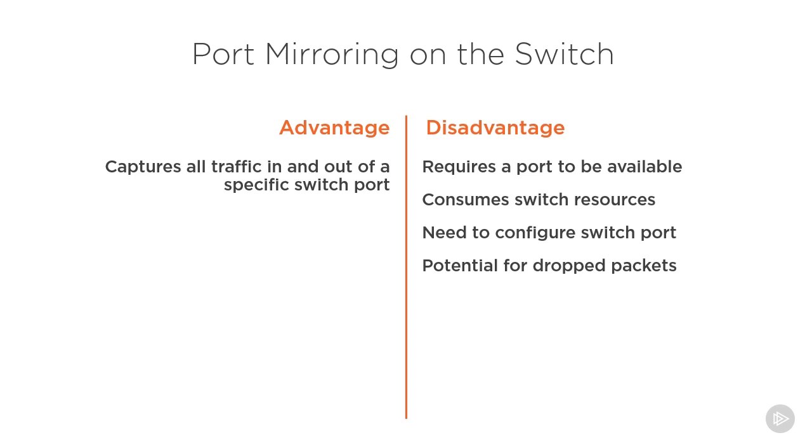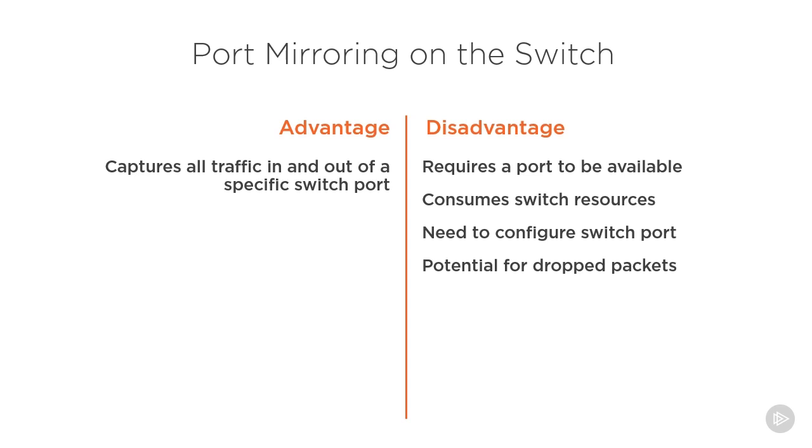You will also need access to the switch or be able to request someone to configure the switch for you. And care has to be given on how the port is configured, because remember, you are capturing the packets both in and out and then sending them on one port.